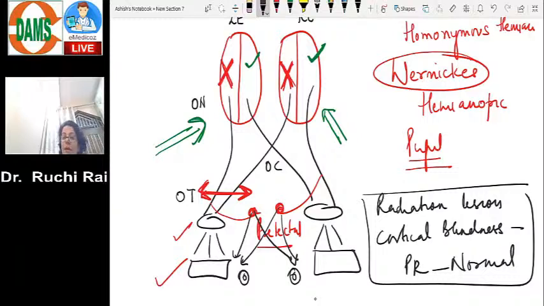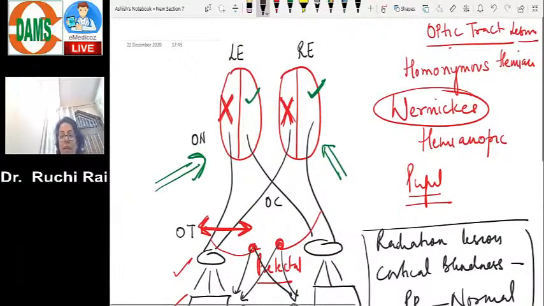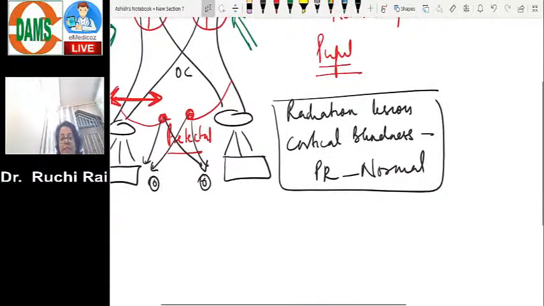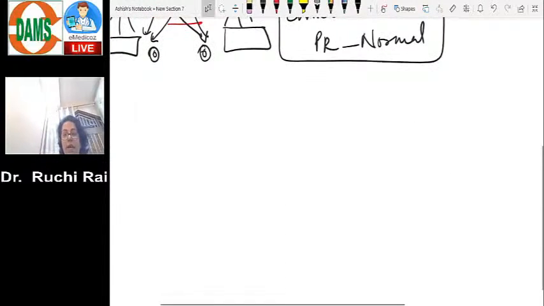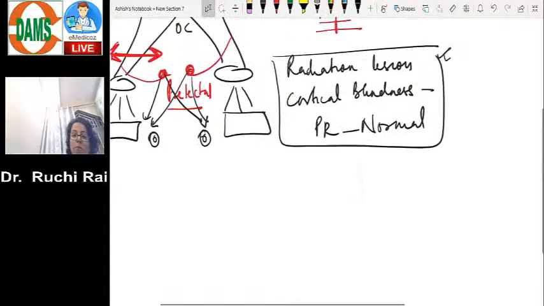The two points that you now remember are homonymous hemianopia and Wernicke hemianopic pupil, number two. Then note down an important point in the box. Another important thing is, when there is a tract lesion, we also learn about a pattern of atrophy called bow tie atrophy.